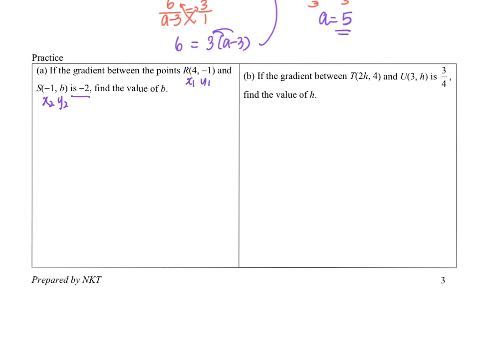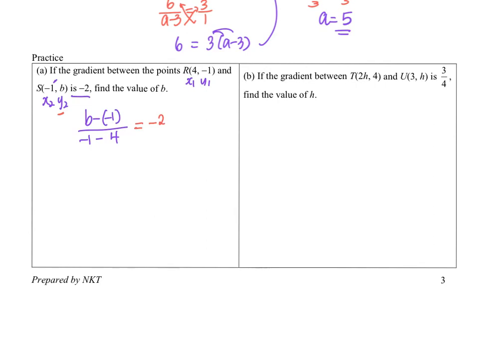Gradient is given by y2 minus y1, which is b minus negative 1, over x2, which is the number negative 1, minus x1, for this gradient is equals to negative 2.